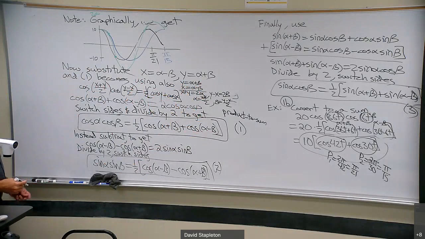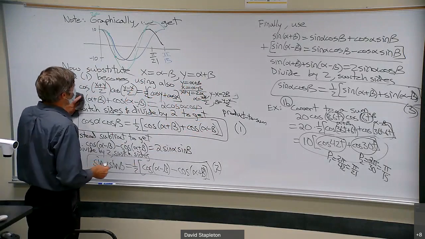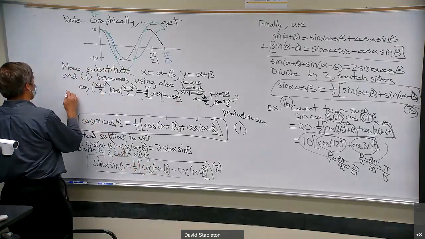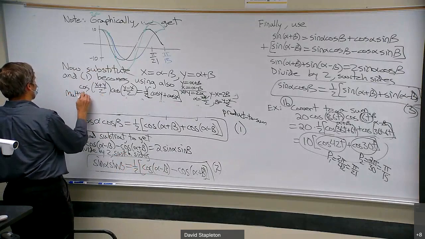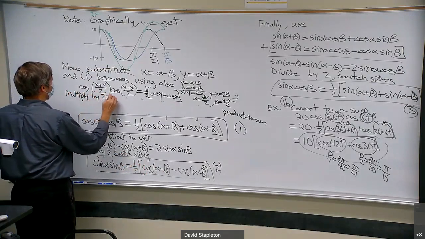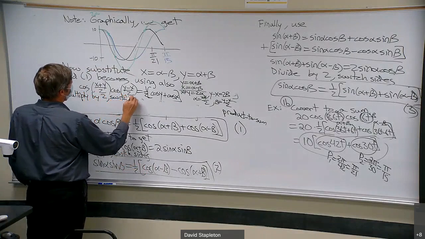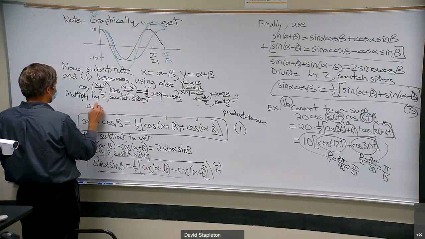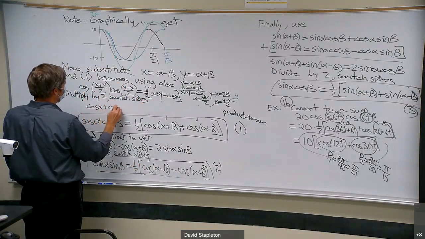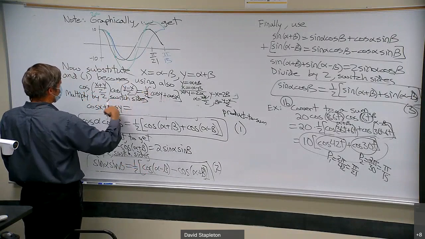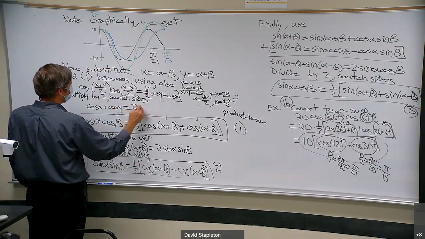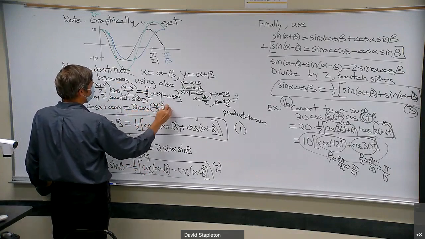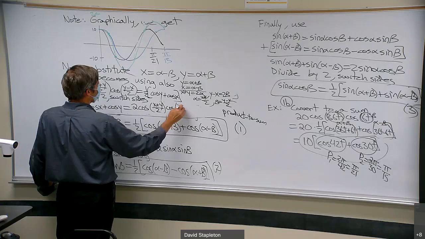And now you multiply it by 2 and switch sides. On the left I get cosine x plus cosine y, just twice this one on the left, and then twice this one on the right is 2 cosine (x plus y) over 2 times cosine (y minus x) over 2.